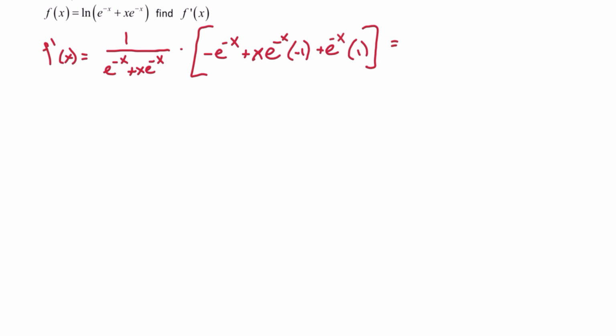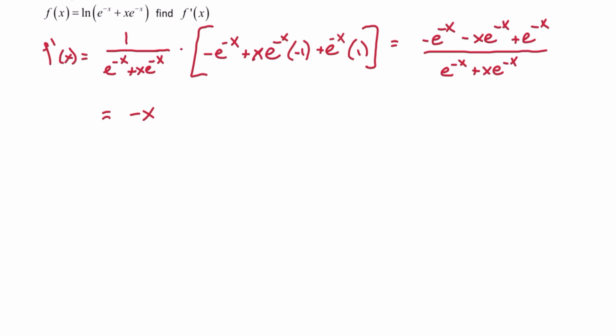Simplifying that brackets, we get negative e to the negative x minus x e to the negative x plus e to the negative x all over e to the negative x plus x e to the negative x. Continuing to simplify, the numerator e to the negative x cancels with e to the negative x.